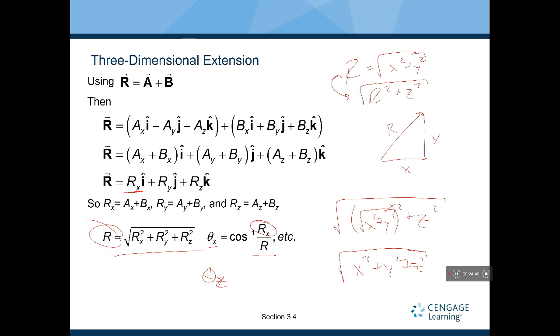So the z-axis here would be shifted up right there. So I want to get the z component relative to r. Yeah, it's cosine. It's still cosine. The only difference is that now it's the z component compared to r.